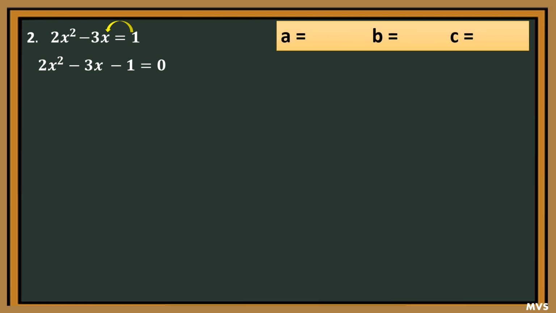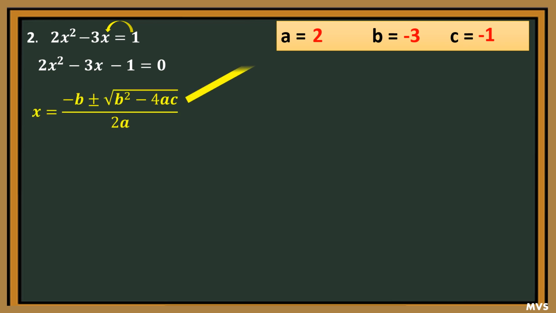So what is the value of a? Positive 2. What is the value of b? Negative 3. And what is the value of c? Negative 1. Then we're going to use the quadratic formula by substituting the values of a, b, and c.